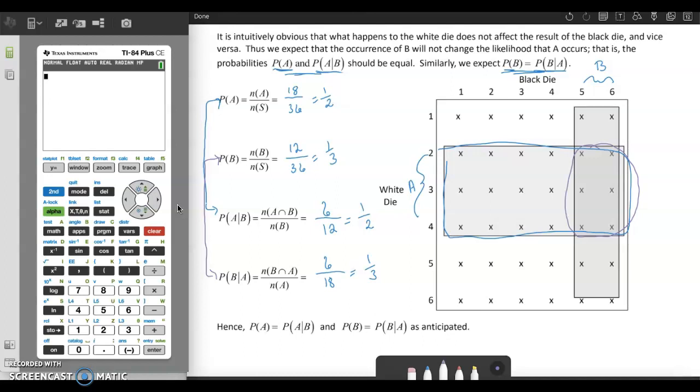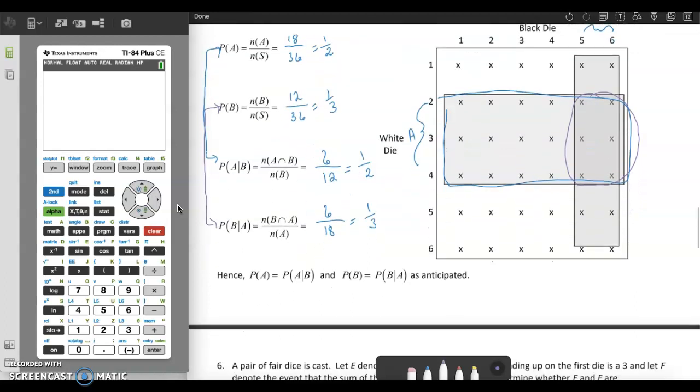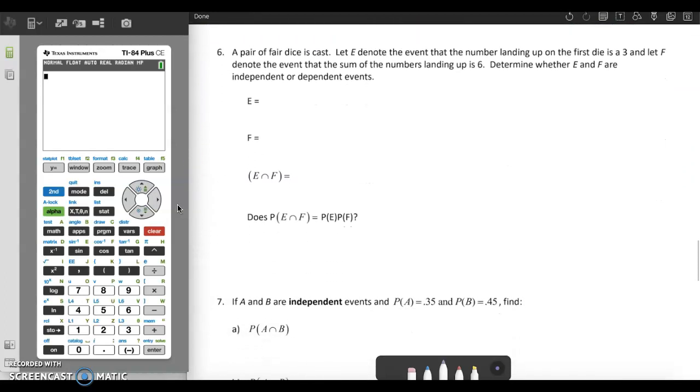So that just backs up and again confirms these definitions that we were given earlier in the notes.